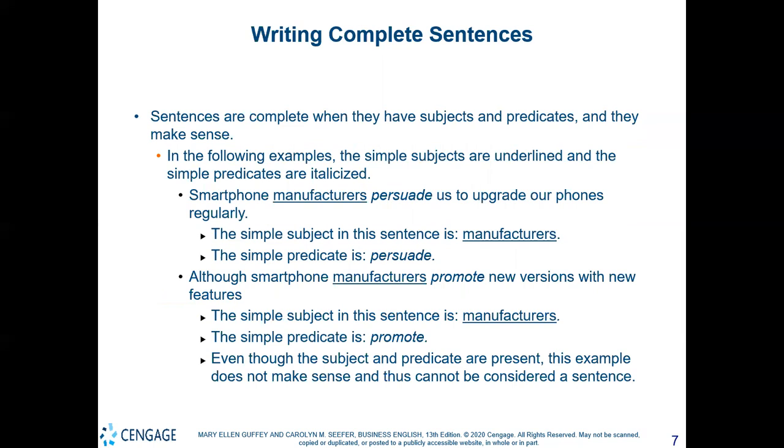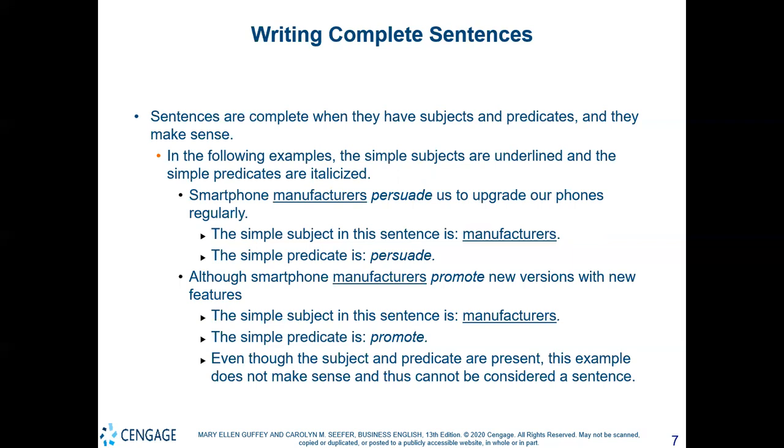Smartphone manufacturers persuade us to upgrade our phones regularly. The simple subject in the sentence is manufacturers. The simple predicate is persuade. Although smartphone manufacturers promote new versions with new features, the simple subject in the sentence is manufacturers.